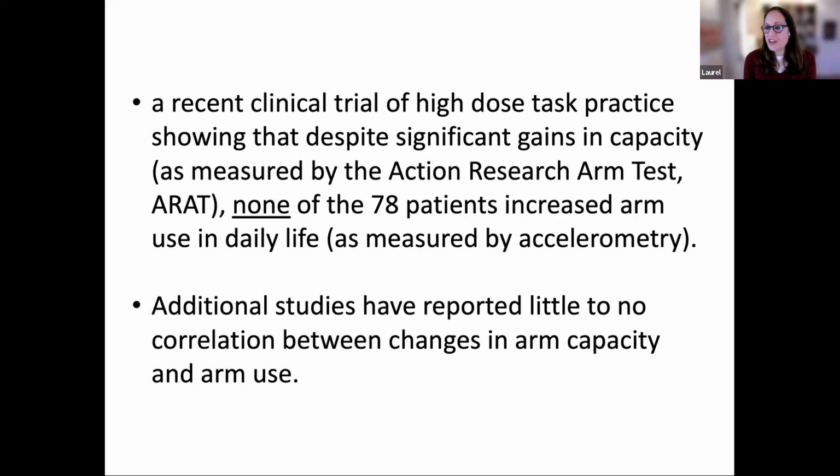And additional studies have reported little to no correlation between changes in arm capacity after rehab and arm use. So this is very discouraging, isn't it? A lot of effort and time is put into rehabilitation. People look better in the clinic on the tasks that they've been trained to do, and then they go home and they continue not to use their affected arm.